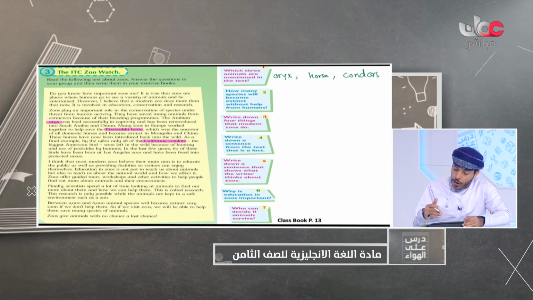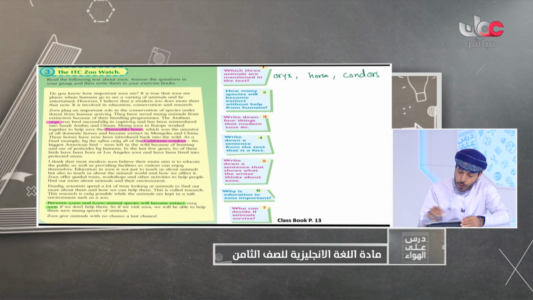So here it is talking about other species that are likely to be extinct. They are in the last paragraph or before the last, I will shade it in green: between 2,000 and 6,000 animal species will become extinct.